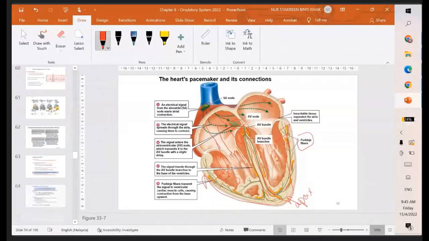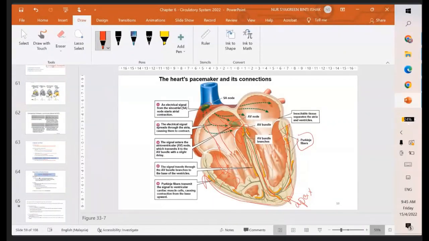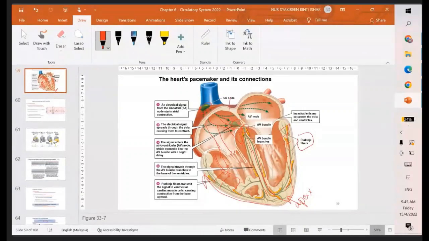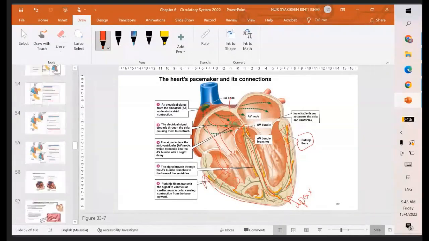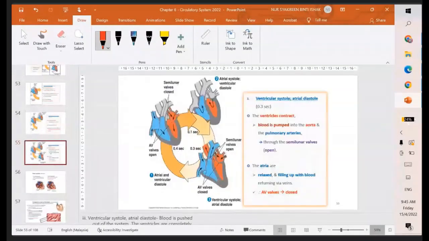Sebab, tengok where is the location of the major blood vessels that the blood will flow out from the right atrium and also from the left atrium. Kedudukan vessels, tengok kedudukan. Okay.